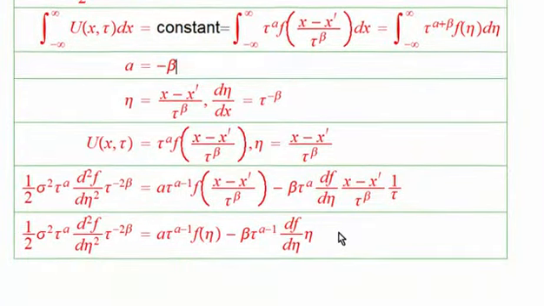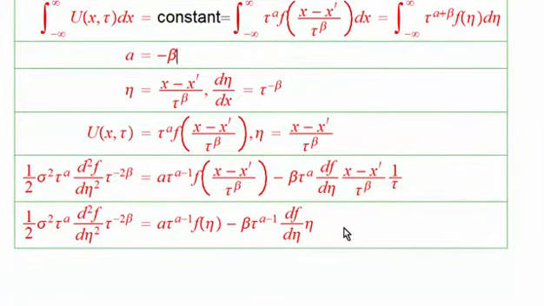So let's go all the way down to our ordinary differential equation, and see if we can clean up here. A's are equal to minus betas. So that would be a minus beta.